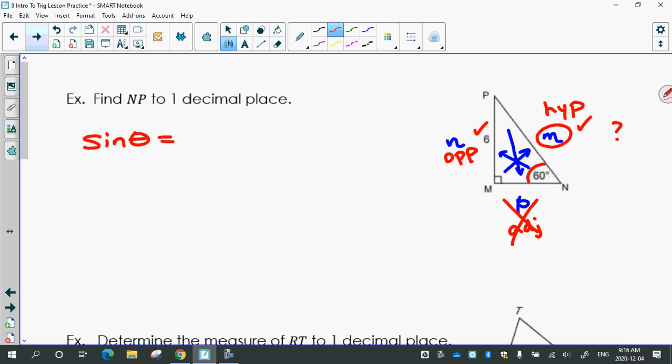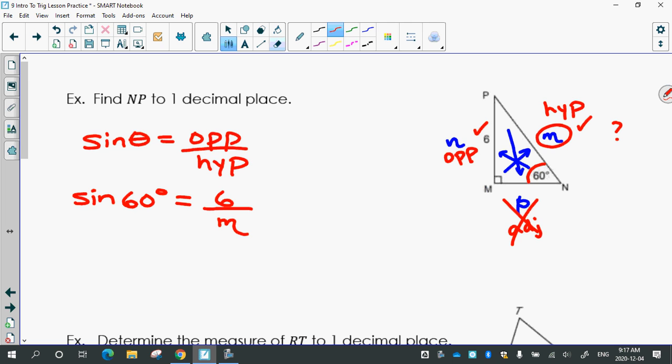So opposite is little n. No, it's 6, my bad. I'm writing out the formula still, getting ahead of myself. Opposite over hypotenuse. So the sine of 60 degrees is 6 over little m. So it's in the denominator, which means I have to multiply both sides by m to get it into the numerator.